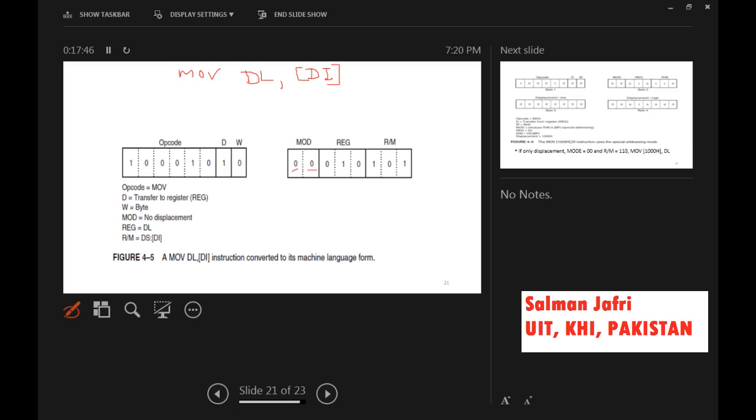And now the code for in bracket DI: whichever register is in bracket, that register's code would always be placed in the R/M field, and the other register that is without brackets, that register's code would be placed in the REG. So REG should contain the 8-bit code for DL.